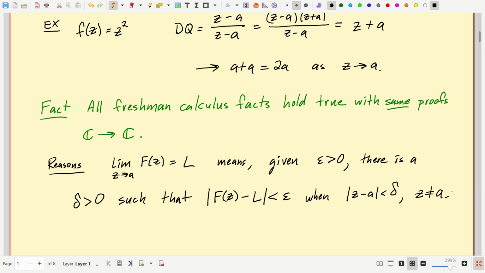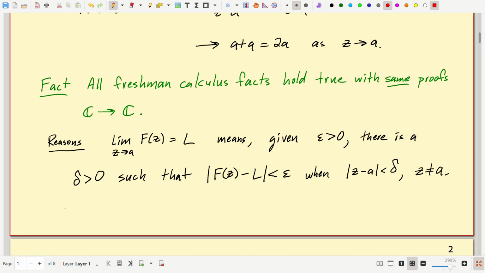And so in R, this is the absolute value. In C, that thing is the modulus.